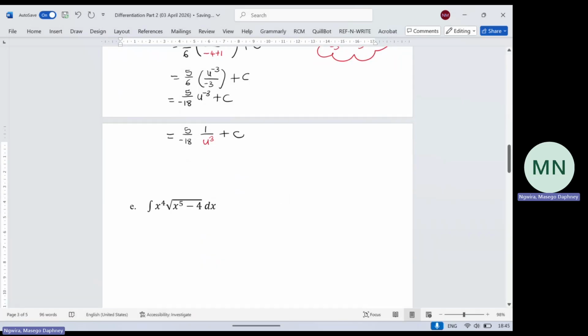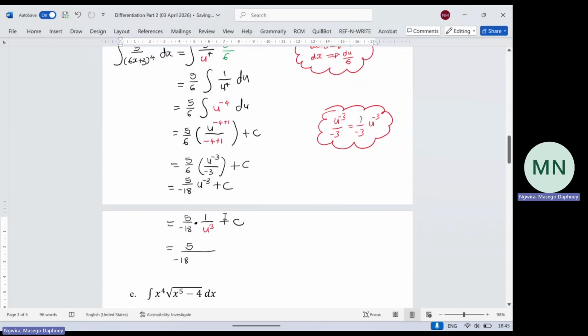So I will just have 5, because 1 times 5 is, remember, it's a multiplication here. So this is just going to be negative 18. And then our u is 6x plus 3.